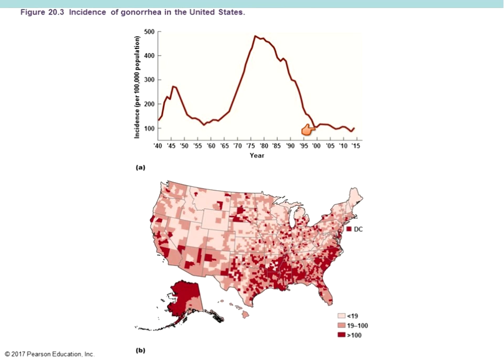One of the reasons for that decrease is that sex education was more prevalent for adolescents, and the use of condoms was talked about more openly and freely. Adolescents had more access to condoms and more understanding about sex education, so that helped to see some of that dramatic decline.